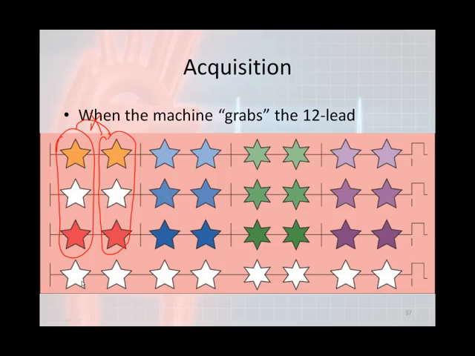What that means is if you look down here, this beat right here corresponds with every single beat above it. This is your rhythm strip down here on the bottom. This is lead 2, because here's your lead 2, and white stars, here's going to be lead 2, which are your white stars printing.